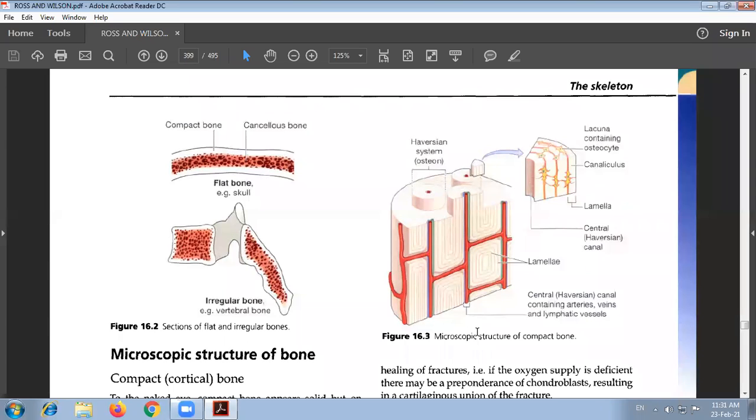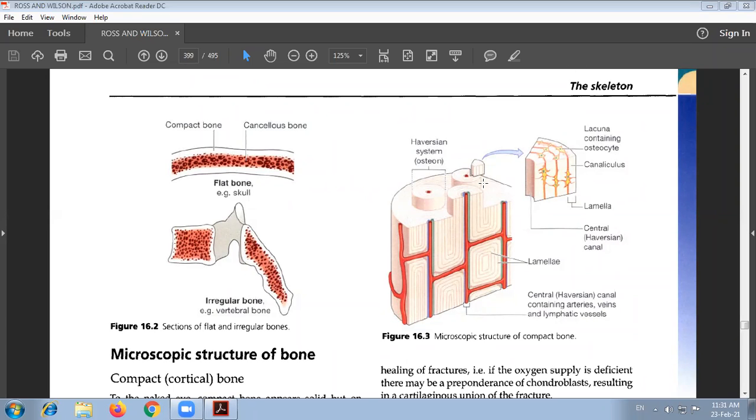And this is the central Haversian canal, which has space for the passage of blood vessels, and which supplies blood and nutrients to the bone. So this is the Haversian system. Here you can see single Haversian systems come together to form the bone and give the compact arrangement of this bone.